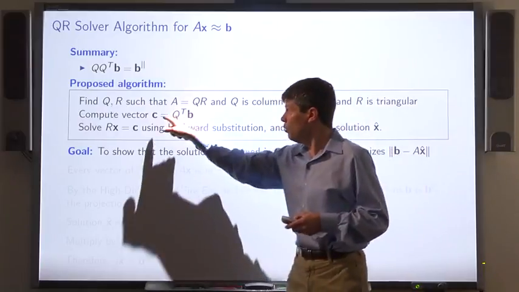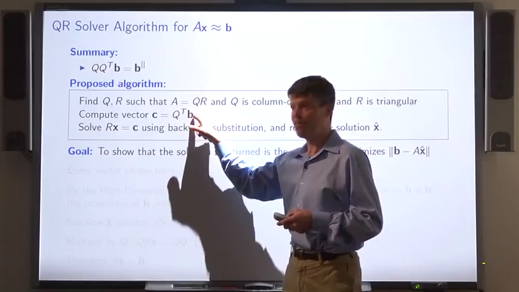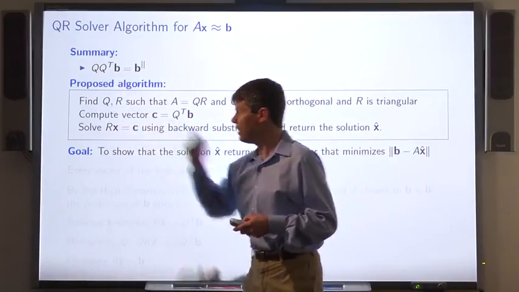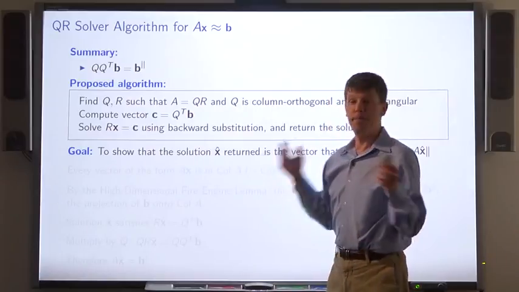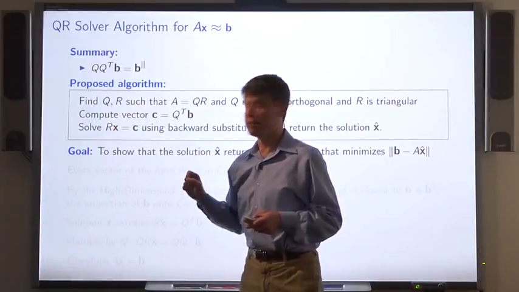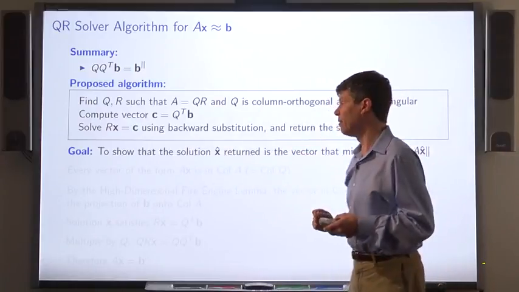Then compute C, the product of Q transpose times B, and then solve the matrix vector equation Rx equals C using backward substitution, since R is an upper triangular matrix. Return the solution, which we'll call x hat.